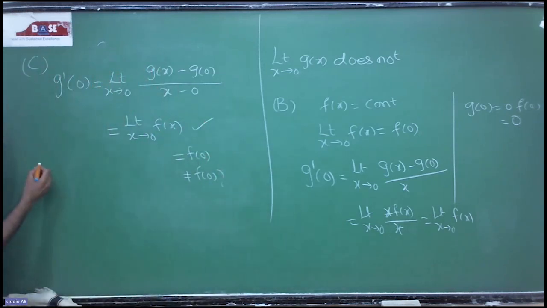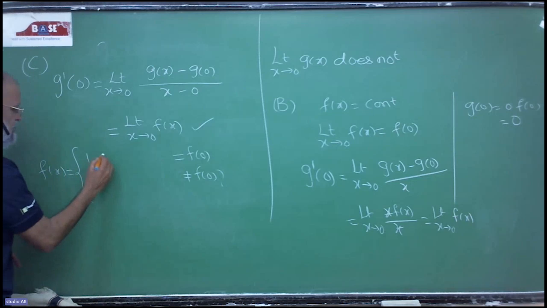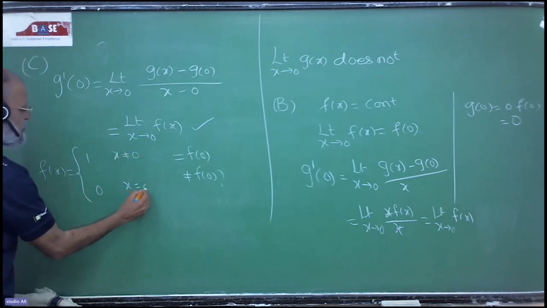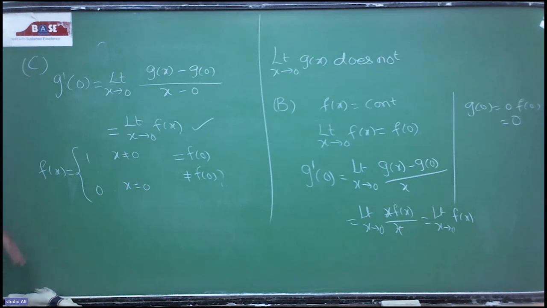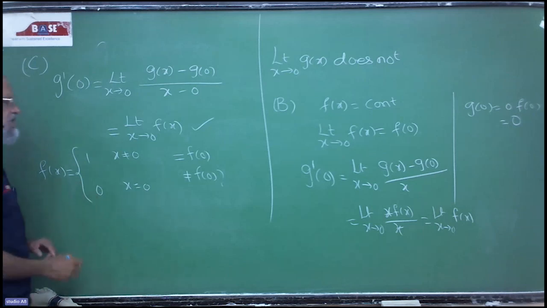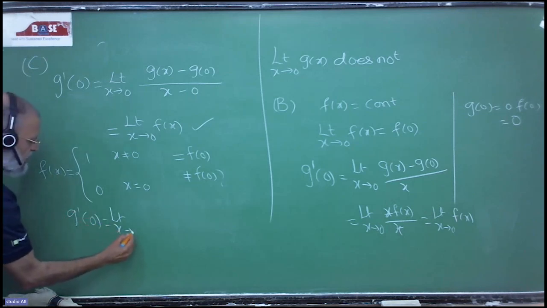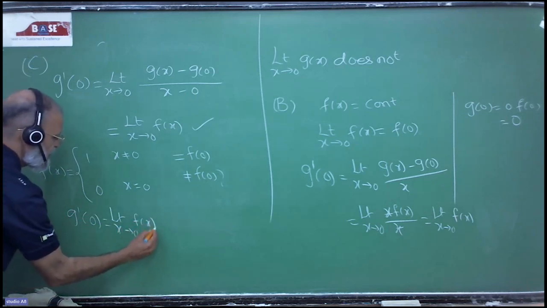So I will say, if I take up a function something like this, 1 when x is not equal to 0 and 0 when x is equal to 0. Now I can say that if x is tending to 0, I am getting this limit, but it is not equal to f of 0. So I will write g dash 0 equal to limit x tending to 0 of f of x.